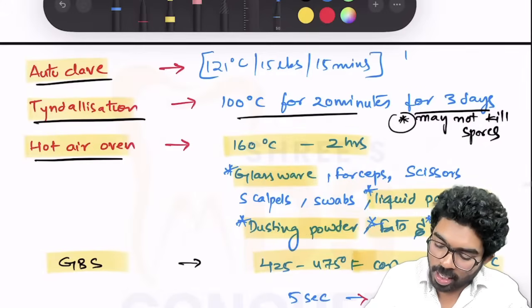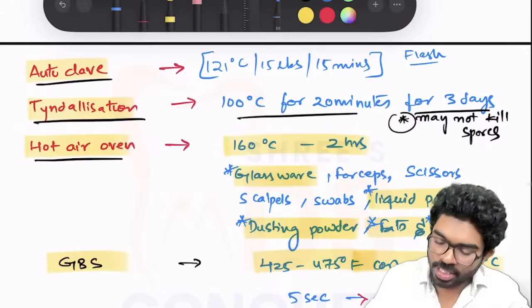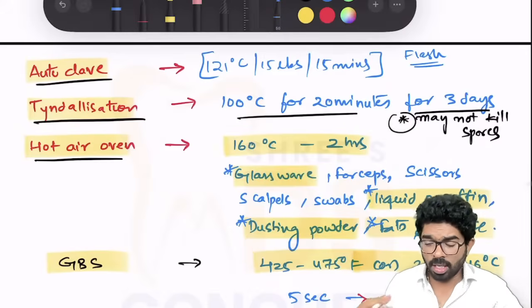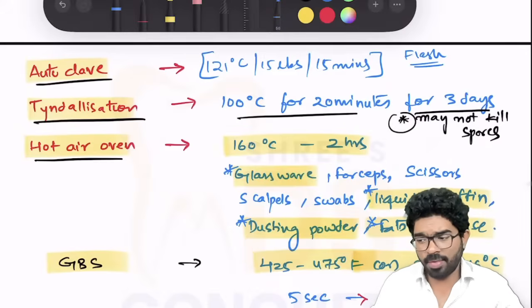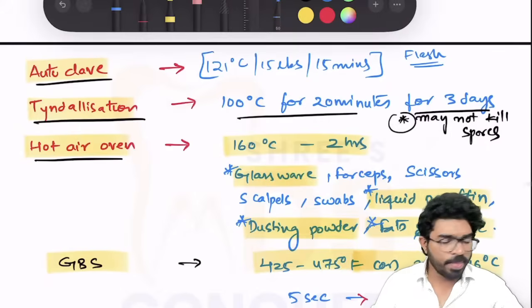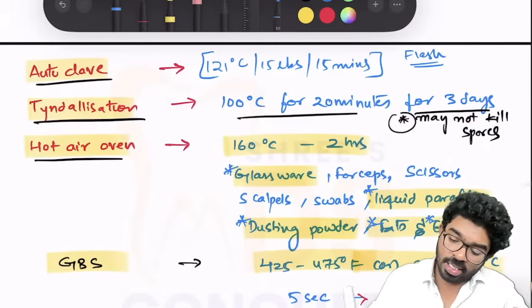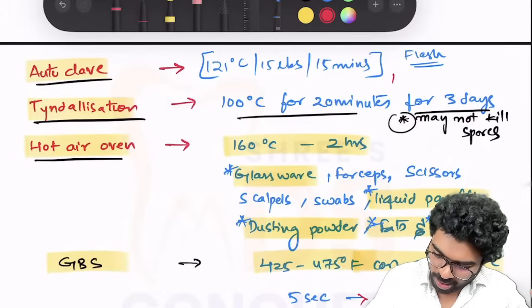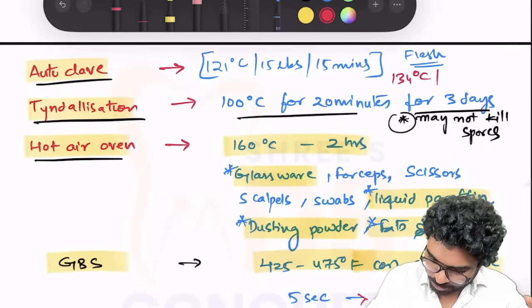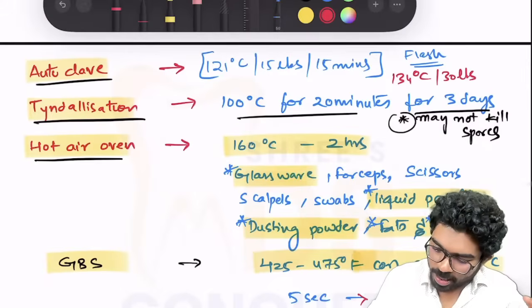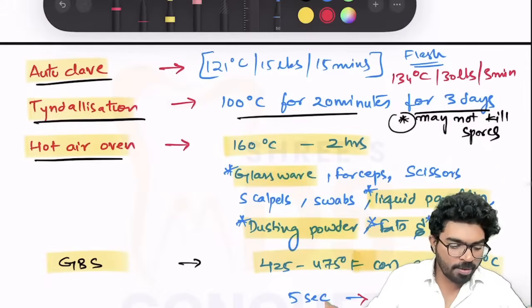We have something called flash autoclave sterilization, because you want instruments quickly since the patient is waiting. Then you can go for flash sterilization. The numbers are slightly different: 134 degrees centigrade, 30 lbs, 3 minutes. This procedure is done in 3 minutes.